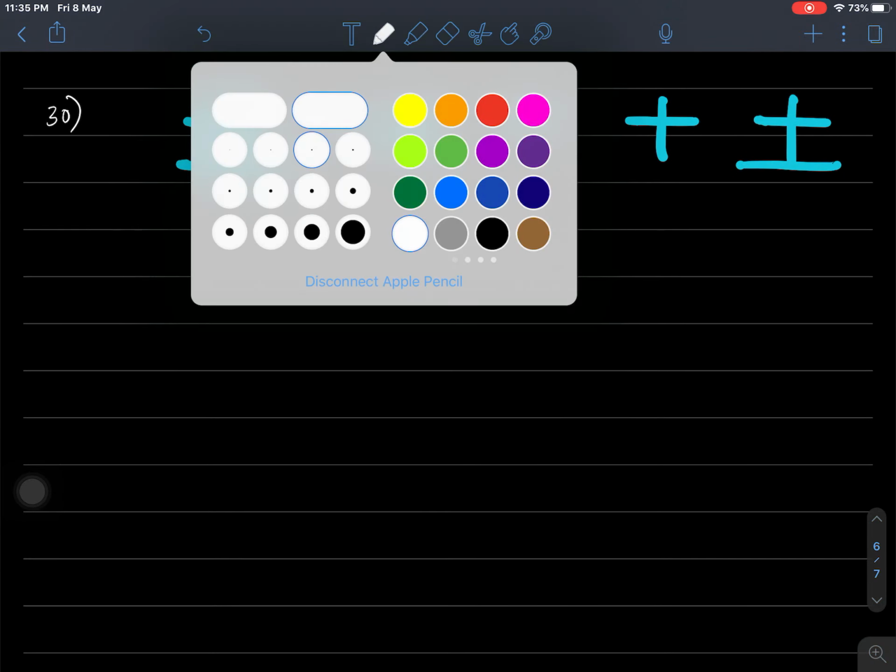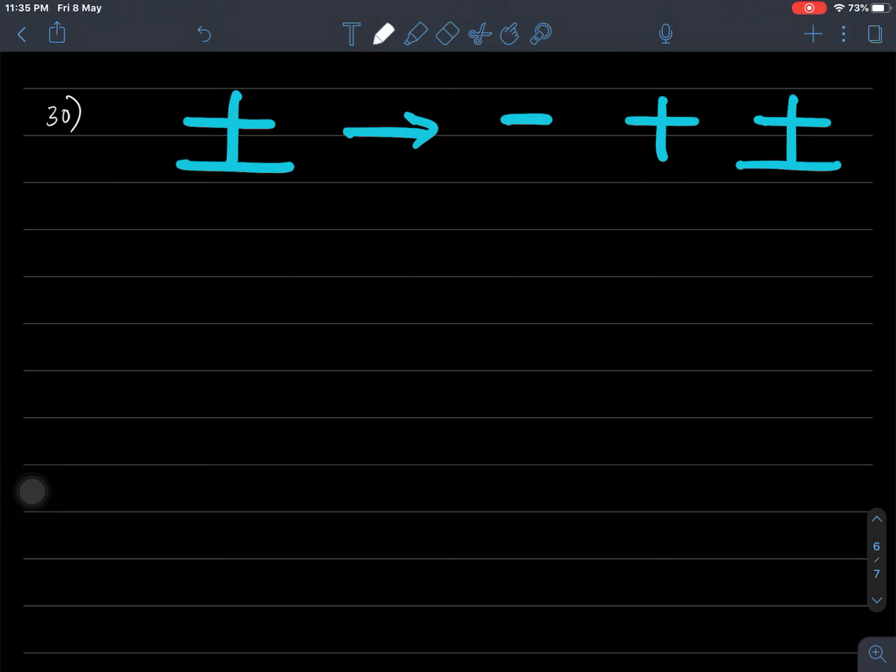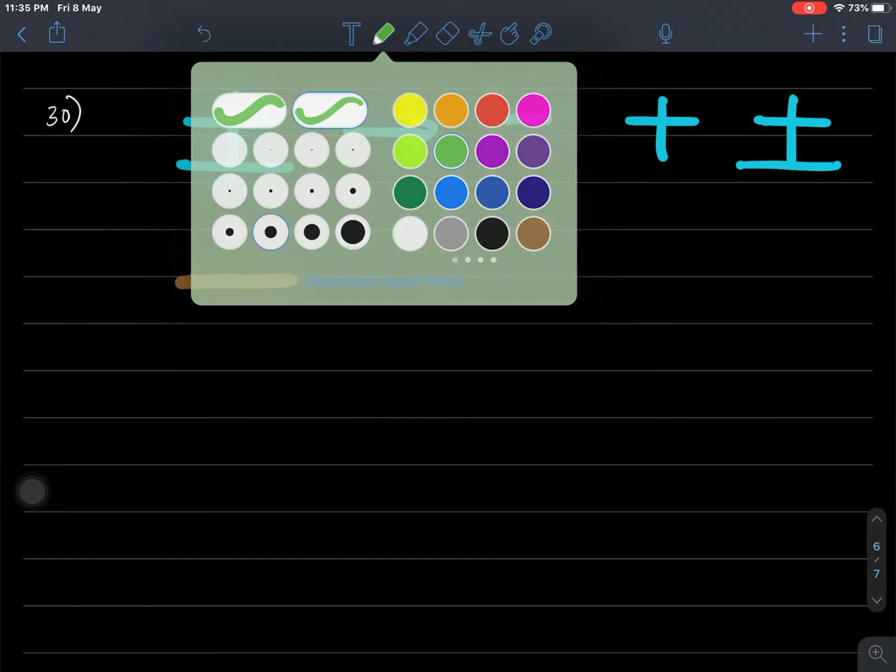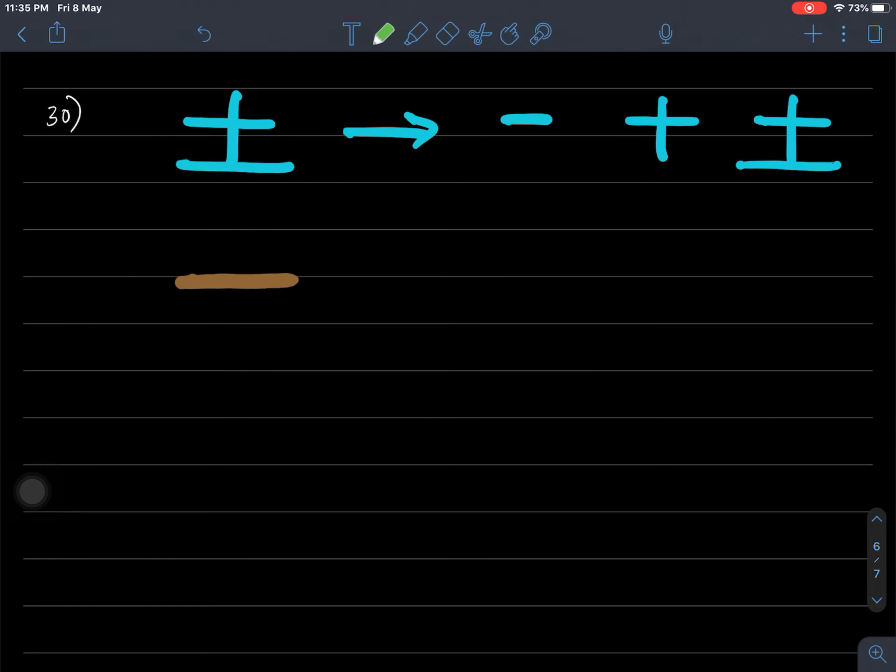Okay, so moving on to the last kanji of the day. This kanji, let's have a look at the mnemonic first. So let's imagine that this is the ground. Okay, I'll use a fatter brush. Let's imagine that this is the ground, and then let's imagine that something is sprouting from the ground like so, and there's leaves and stuff.